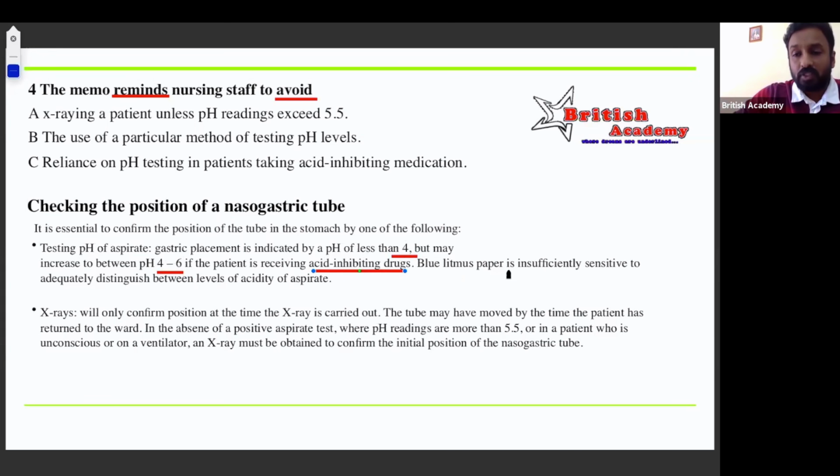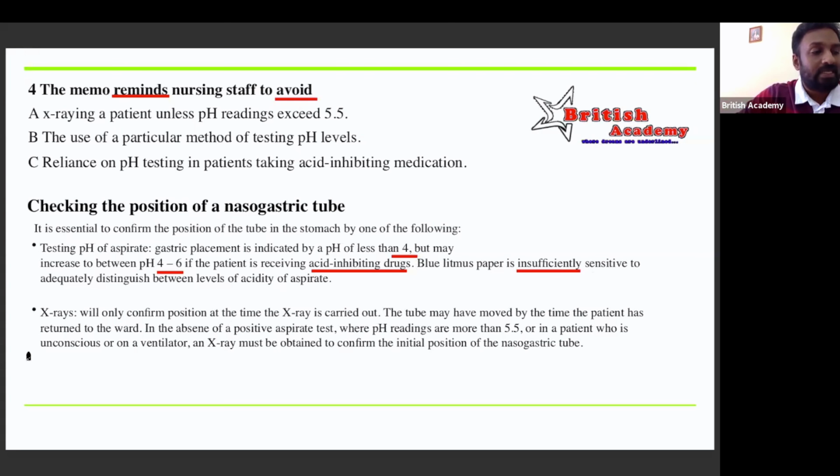Blue litmus paper is insufficiently sensitive to adequately distinguish between levels of acidity of aspirate. This is the more important word, insufficiently. It is not sufficient enough to distinguish between levels of acidity of aspirate.